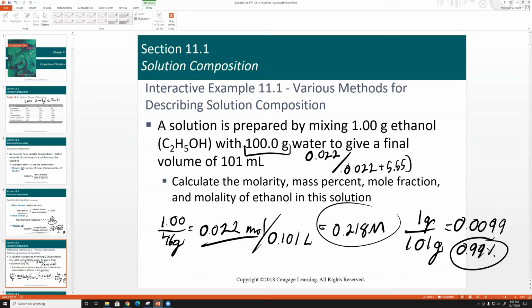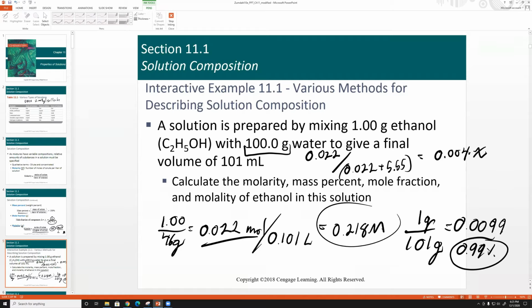So you can imagine it's going to be a very small mole fraction. And what do we get for the mole fraction? About 0.004. Sounds right to me. 0.004 equals this mole fraction.